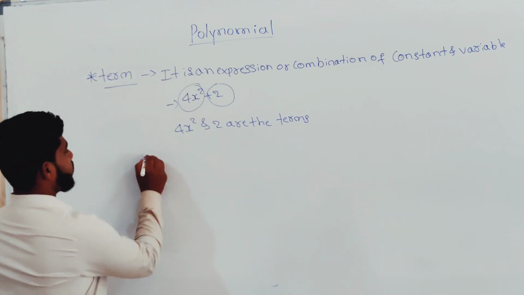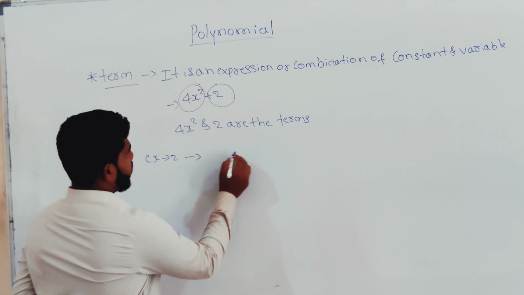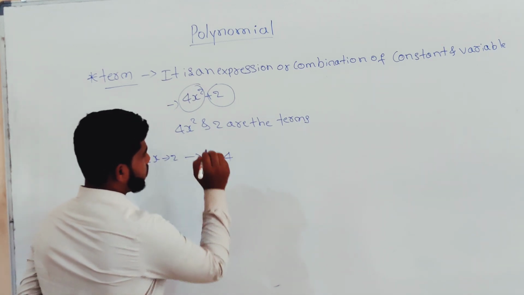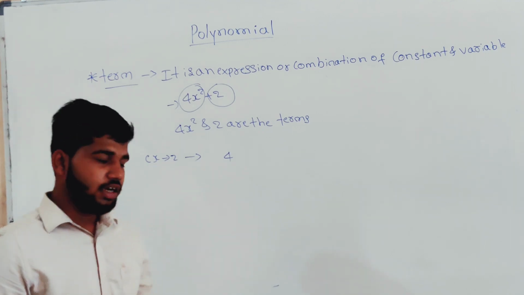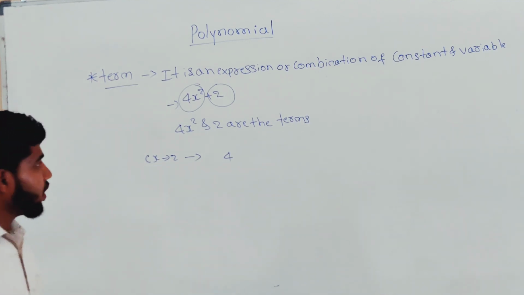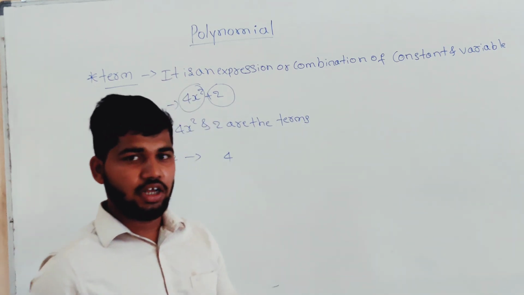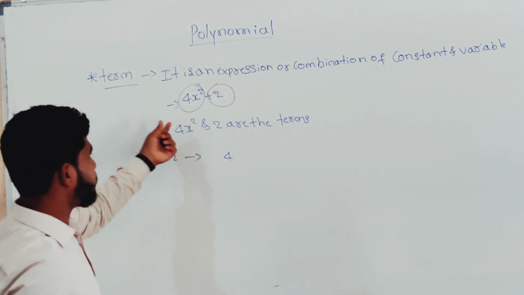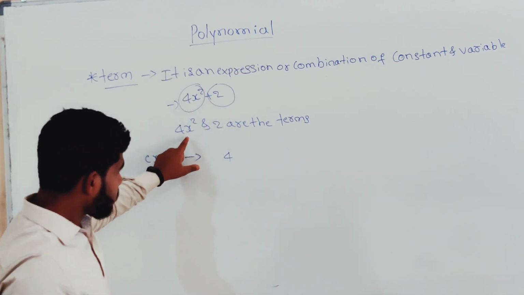Take another example: the number 4. It is also called a term. A term is an expression or combination of a constant and a variable. In the example 4x square plus 2, 4x square and 2 are the terms.